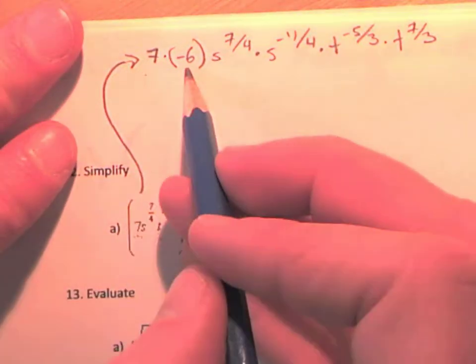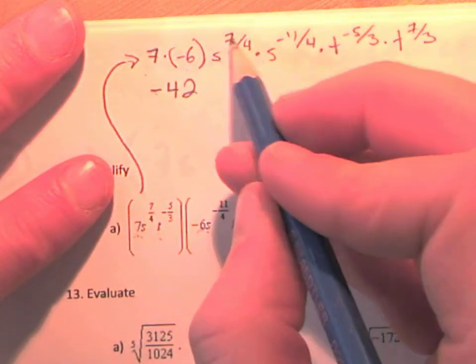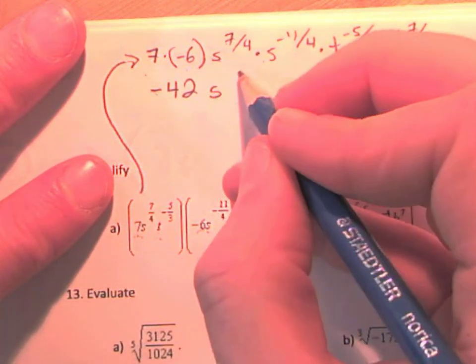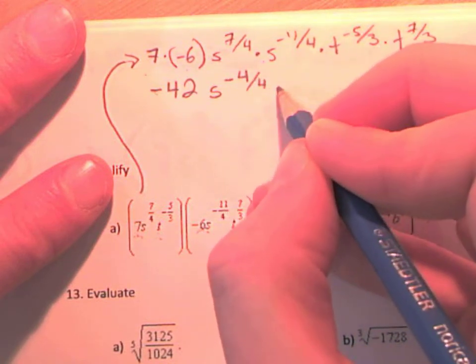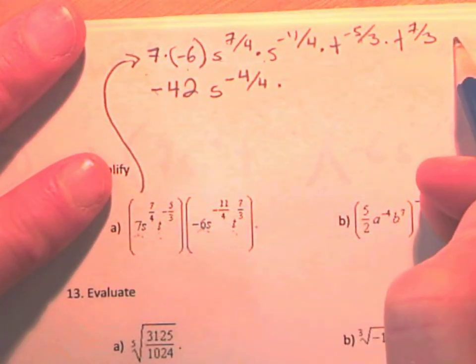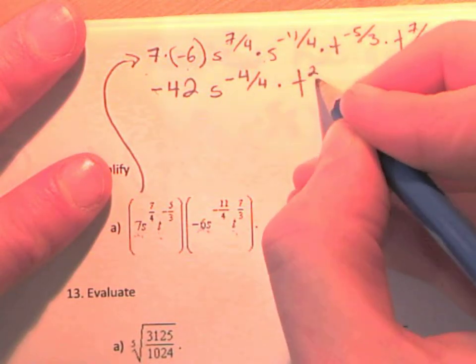So now we go 7 times -6 is -42. We can go s to the 7 over 4 plus -11 over 4 is -4 over 4. And then here -5 over 3 plus 7 over 3 is 2 over 3. So we get t to the 2 over 3.